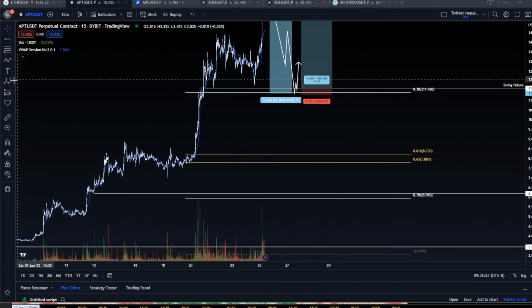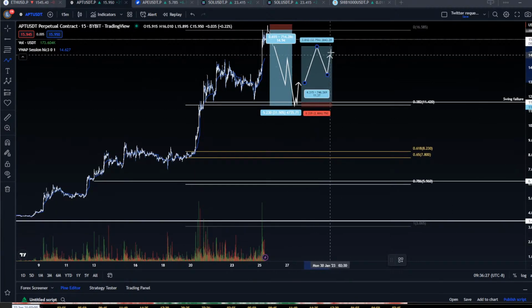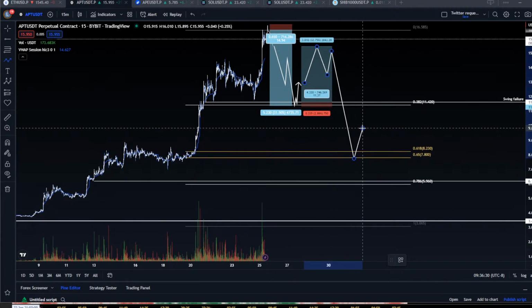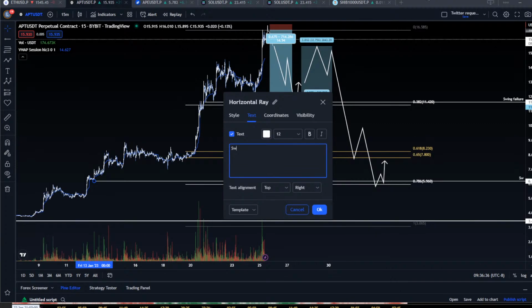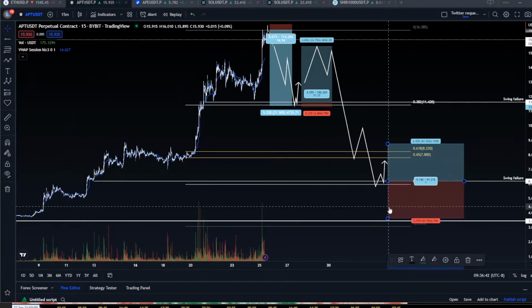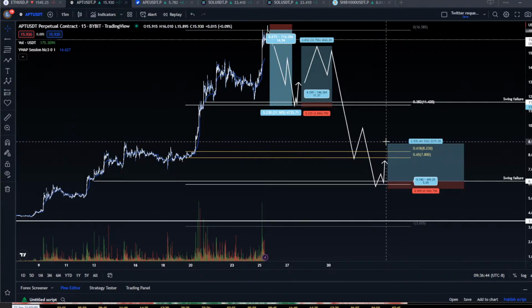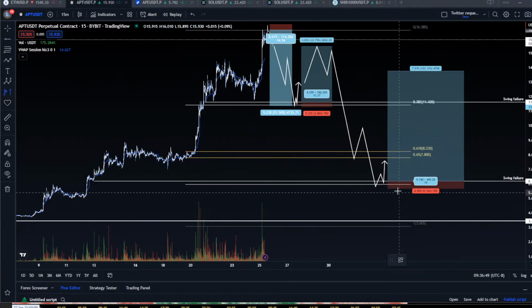And I'd be interested in a higher time frame idea if we do continue to break down. Of a long here. At the time, if I took this long, of course, there's going to be more price action.